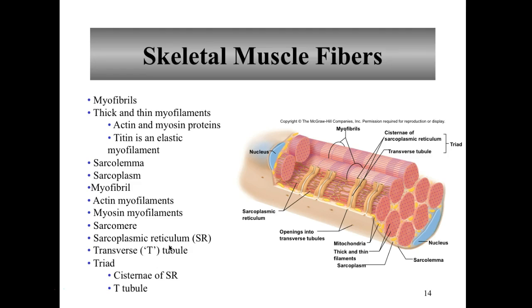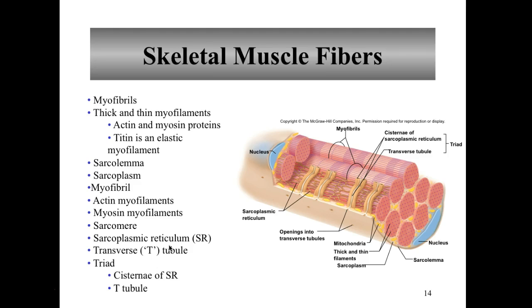When stimulated by muscle impulses, the membranes become more permeable as an impulse travels down that membrane. And what happens is these voltage-gated channels for calcium ions open and enable the calcium ions to diffuse out of the sarcoplasmic reticulum into the sarcoplasm itself.